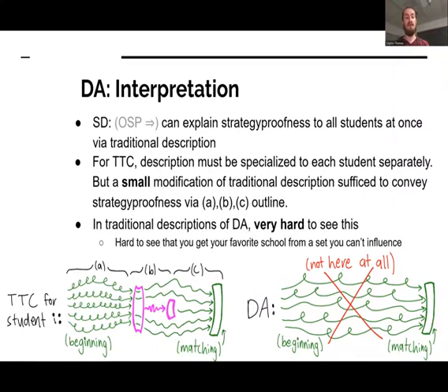For DA, unfortunately, it turns out this is just very hard. Nothing close to the traditional description of DA makes this ABC framework for exposing strategy proofness apparent. The data structure needed to store that is just not there along this process to arrive at the matching in DA.